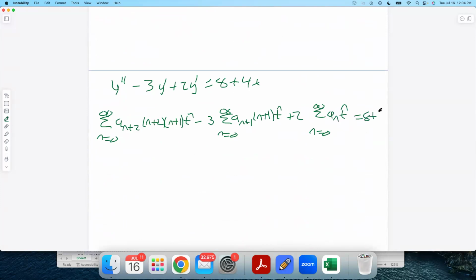And that's supposed to equal not 0, this stuff.